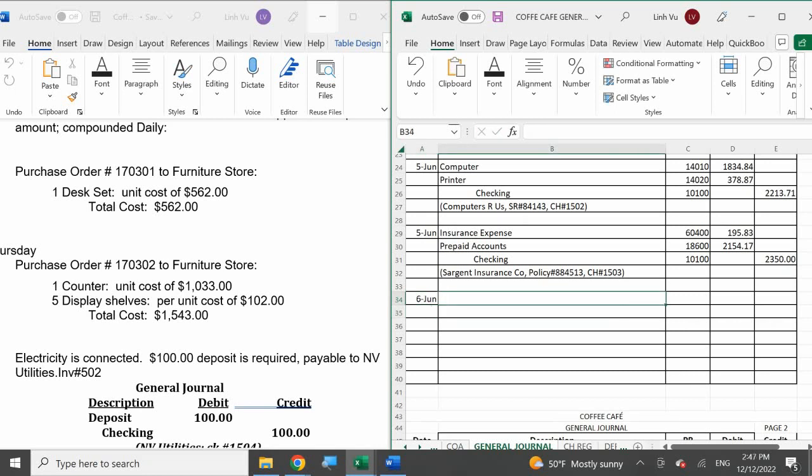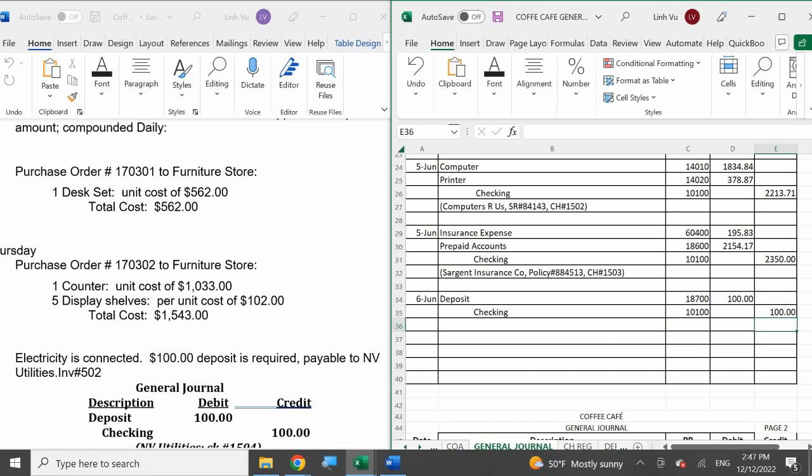We made a deposit. So again, this money is ours. Okay? And we wrote our check. So therefore, it's going to come out of our checking account, for a total of $100.